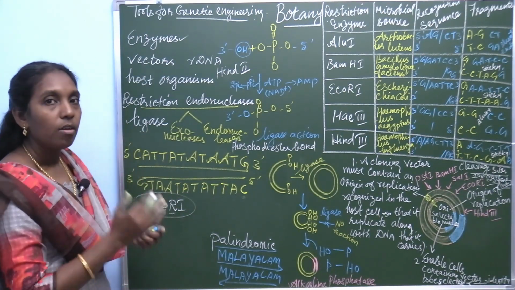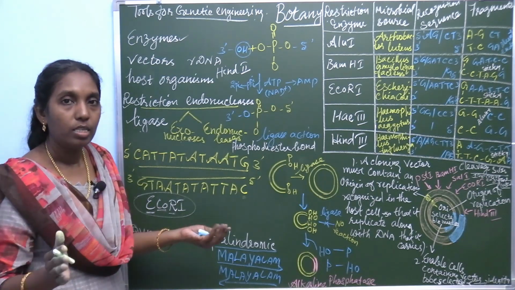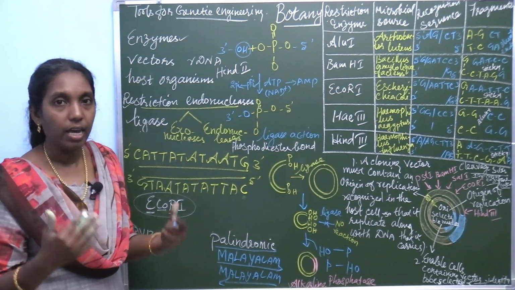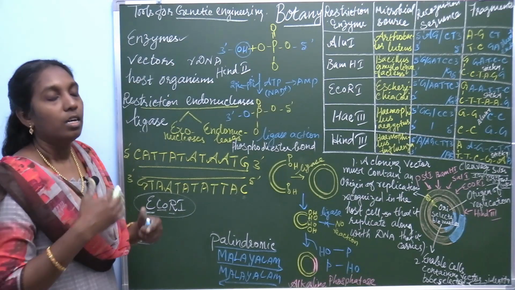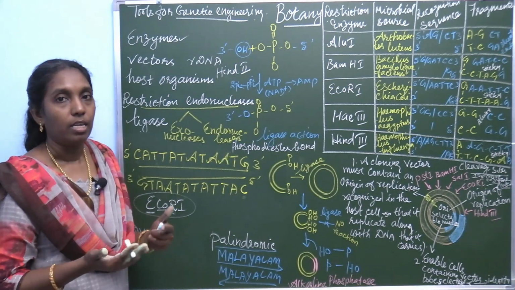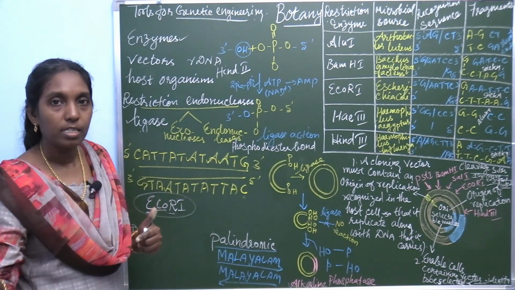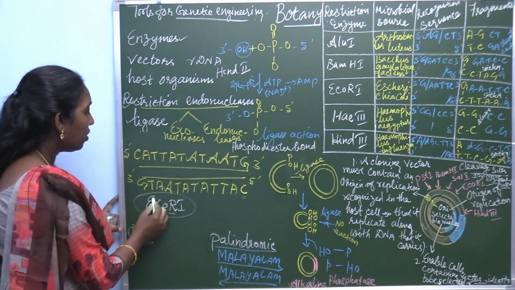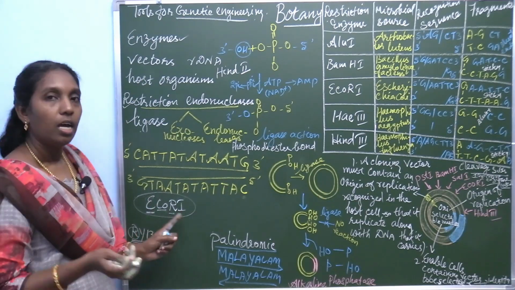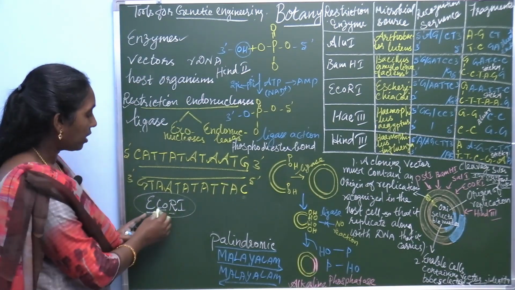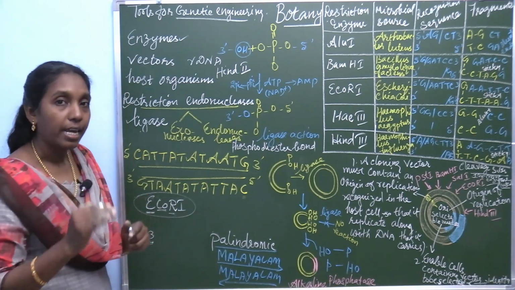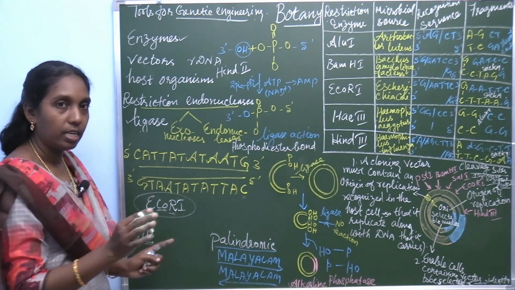How to name them? Almost all of these are obtained from bacteria, because bacteria secrete a number of restriction enzymes. From there we take the genus name and species name, Escherichia coli, the binomial. The first letter of the enzyme name comes from the genus, followed by two letters from the species name, and then the strain R. Here RY13 is the strain.